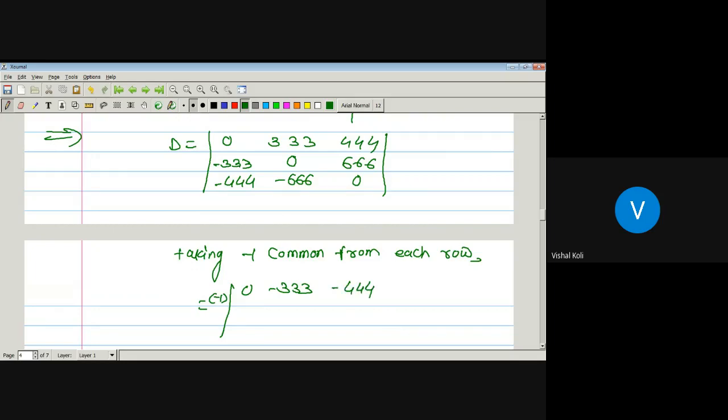Now let us take minus 1 common from this row also, then it becomes plus, this one is 0 and this one becomes minus 666.